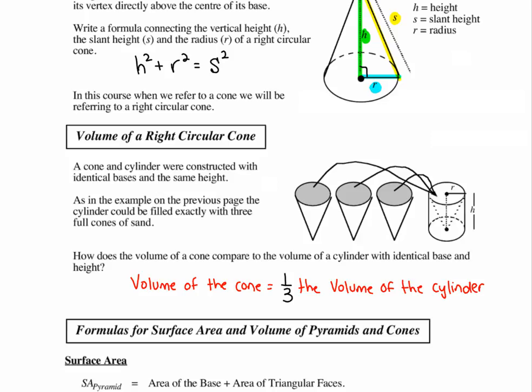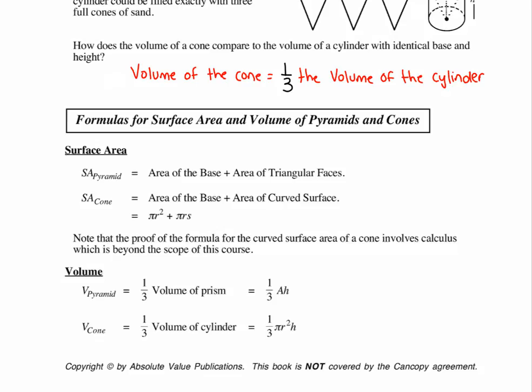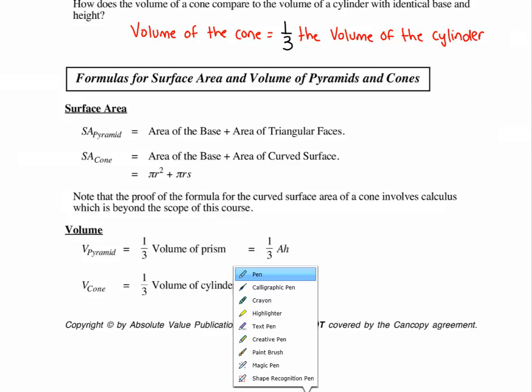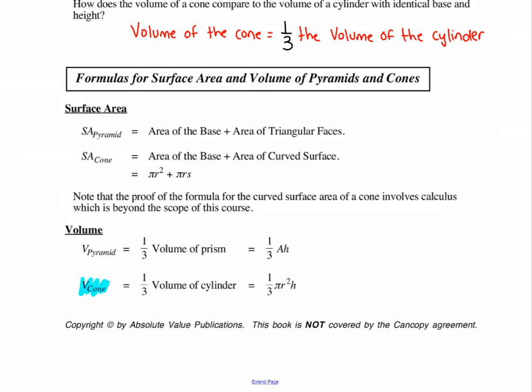Why? We already know the formula for a cylinder, don't we? What's the formula for a cylinder? Pi r squared h. So the volume of a cone, it was 1/3 the volume of a cylinder, or 1/3 pi r squared h.